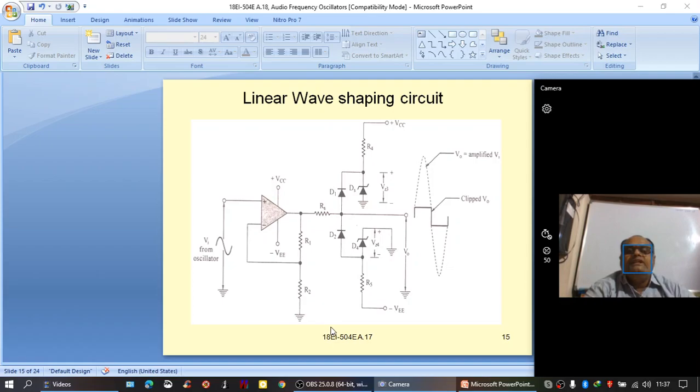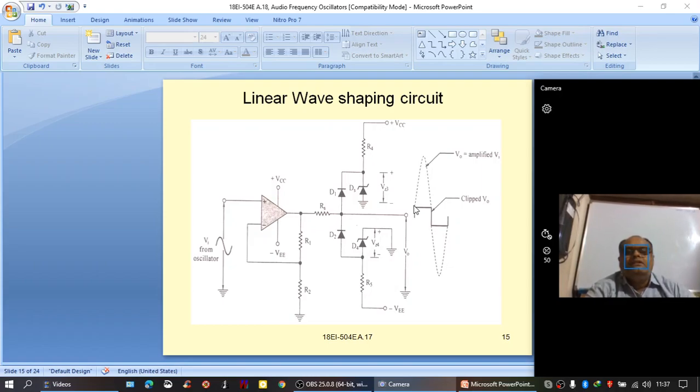But plus VCC and minus VEE are very high voltages when connected to any load circuit. So instead of applying those high voltages, a clipping circuit is applied using resistance and diode. As a result, the output of the linear wave shaping circuit is clipped to plus or minus Vz and Vd.